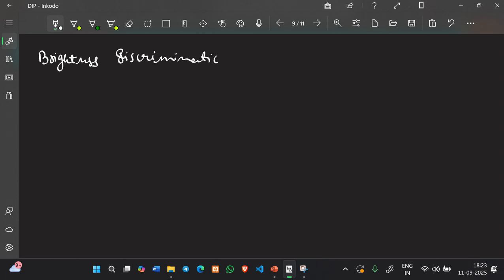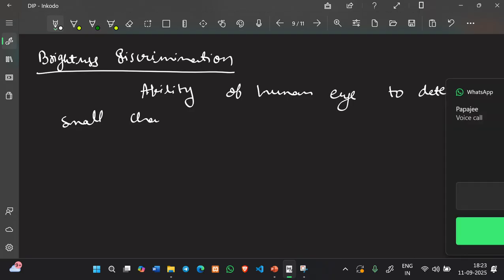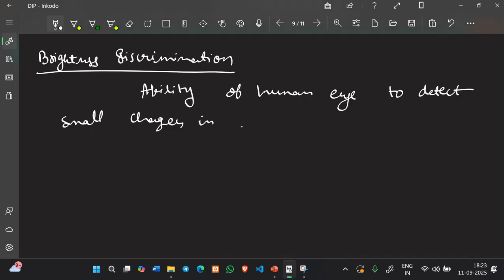It is the ability of the human eye to detect small changes in brightness.